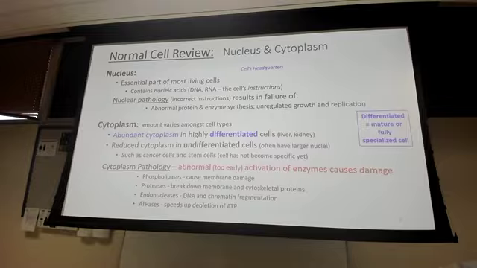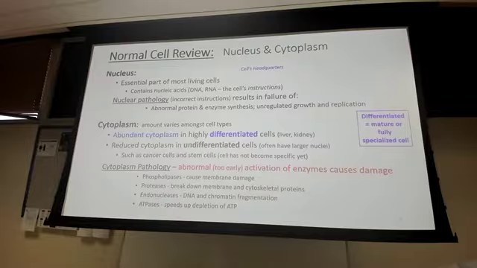So a nice normal cell is going to have, like I said, a small nucleus, lots of cytoplasm, that's good. An undifferentiated cell, a typically abnormal cell, if we're not talking about stem cells, is going to have a pretty big nucleus and very little cytoplasm, and when we see that, we're able to say, hey, this is not normal, what's going on here, and then do more testing to figure out what's causing that.